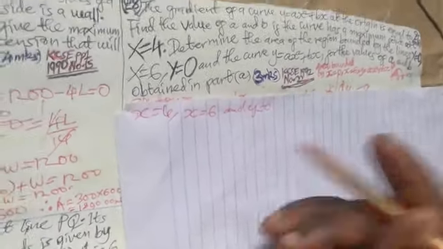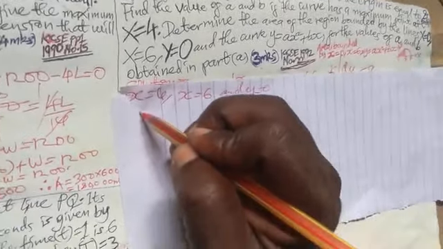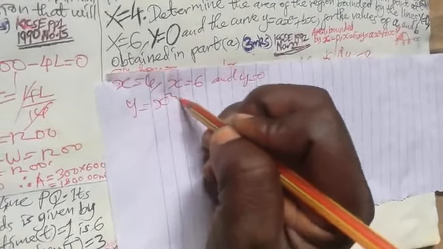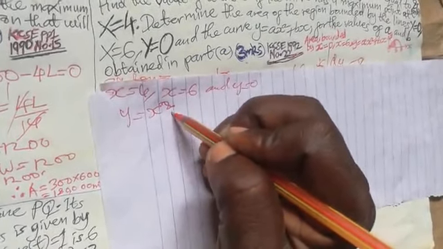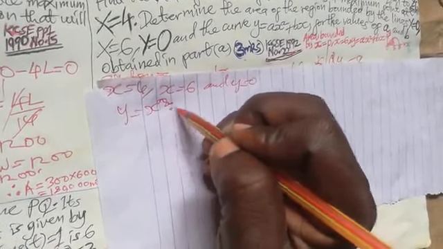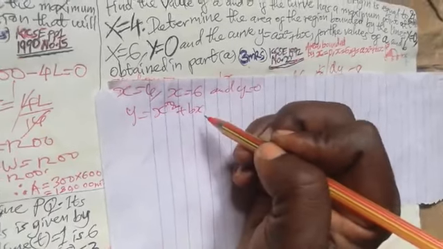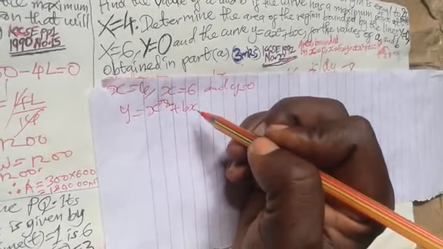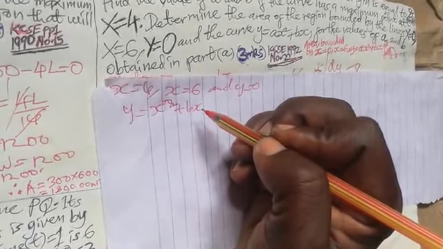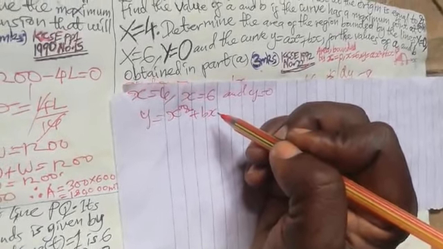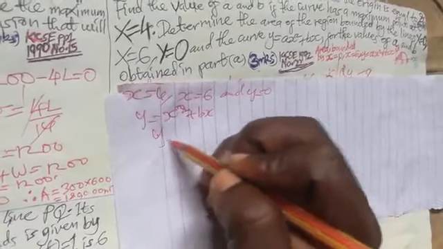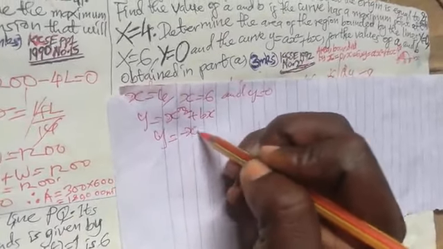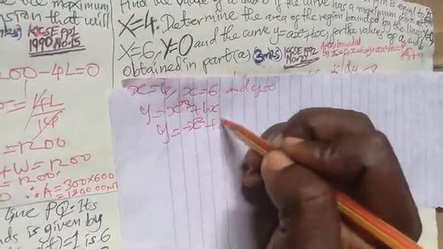The curve y is x squared plus bx. We have seen from part A of this question that y is the same as negative x squared plus 8x.